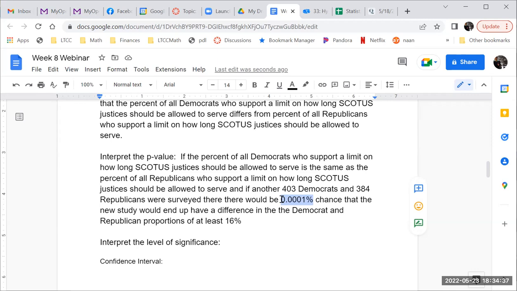A type 1 is when you reject the null hypothesis, which we did, but the null hypothesis was true. So that could happen, but with our p-value so minusculely tiny, that chance is so small, it's not much of a worry at all.